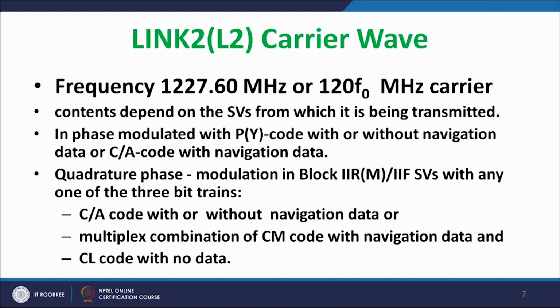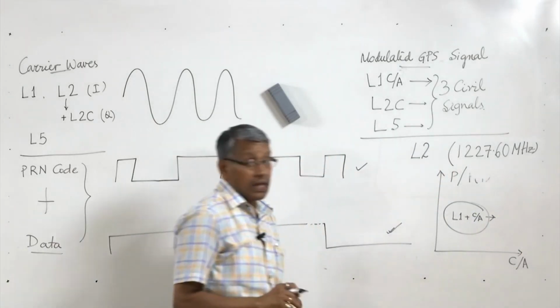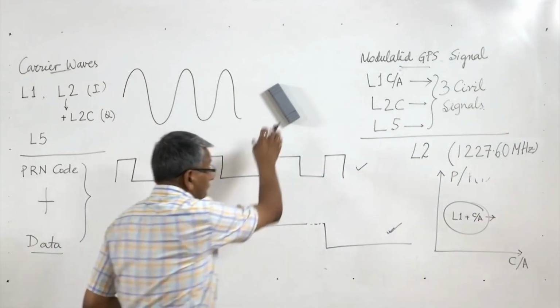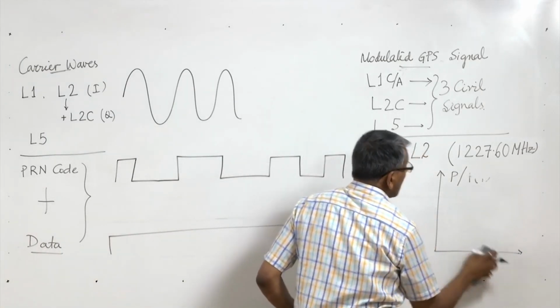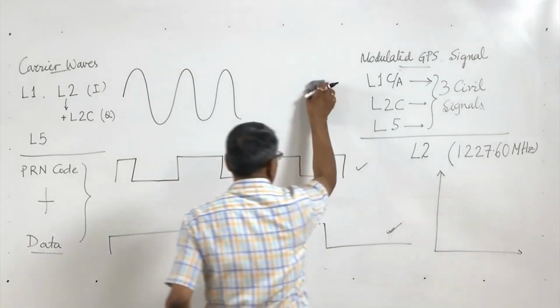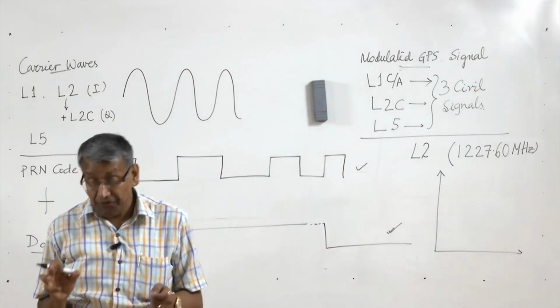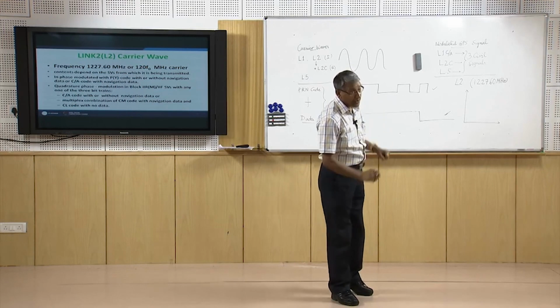Next it is the L2 signal. The L2 signal has a frequency of 1227.60 megahertz. However, the content of the L2 signal will depend upon the satellite from which this signal is coming.